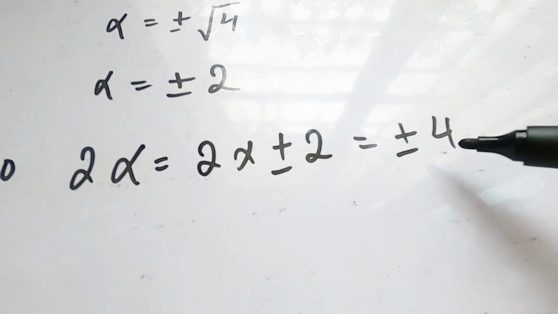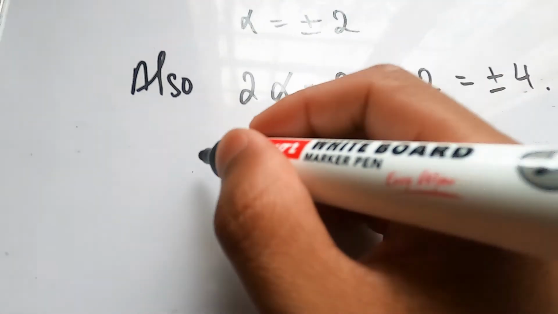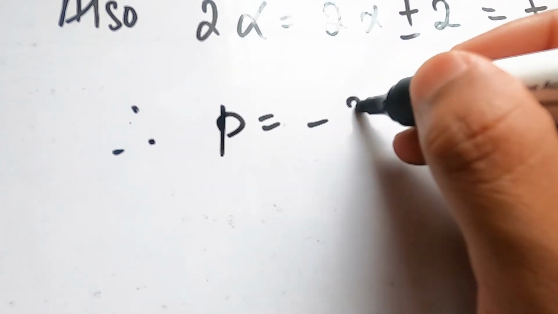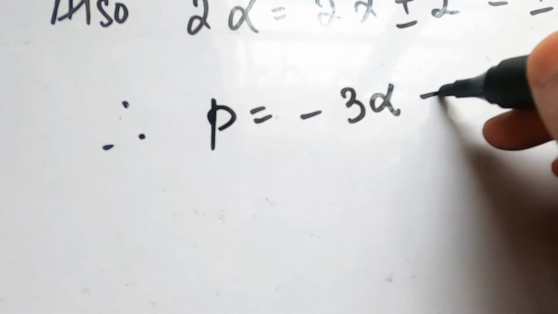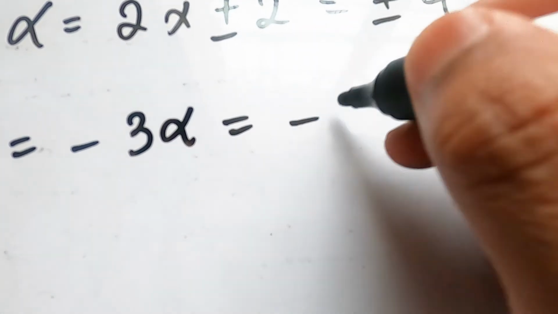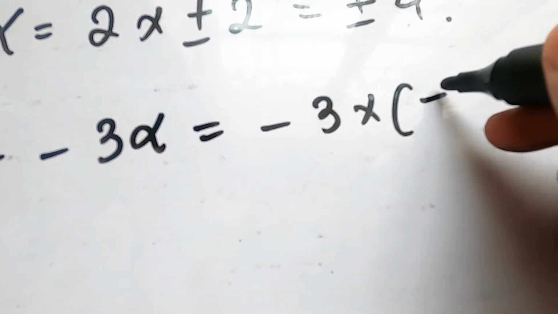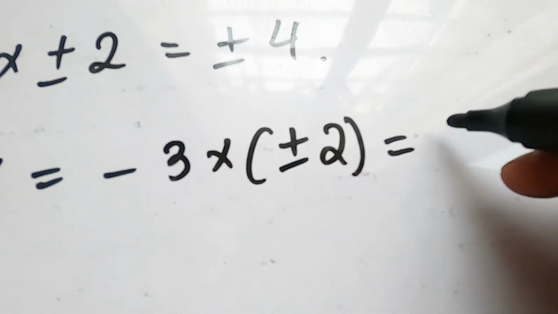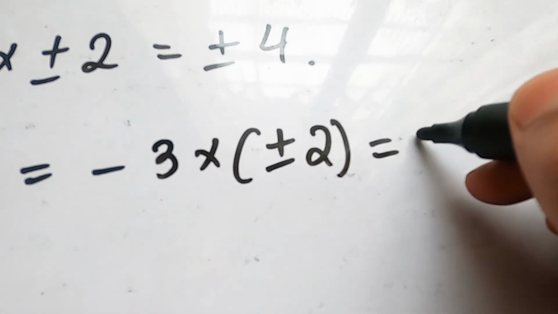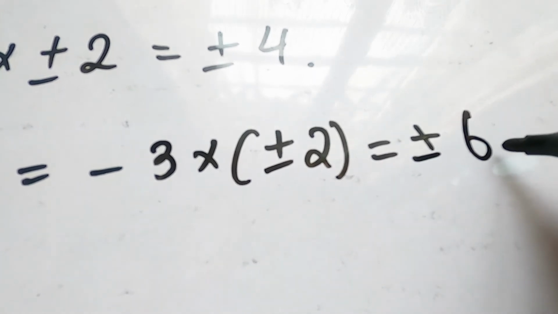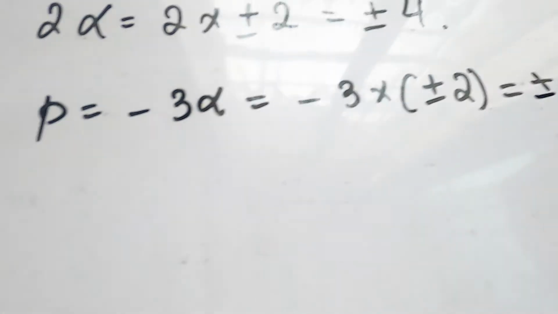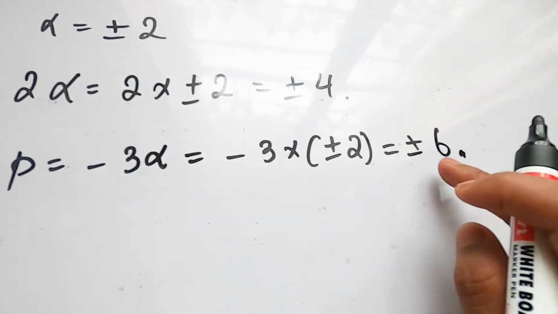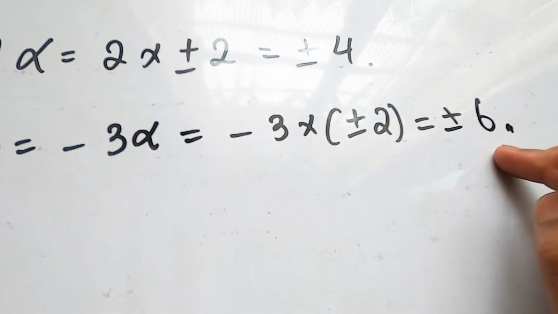Next we have to find the value of p. So p is equal to minus 3 alpha is equal to minus 3 into plus minus 2 is equal to plus minus 6. So the value of p will be plus minus 6.